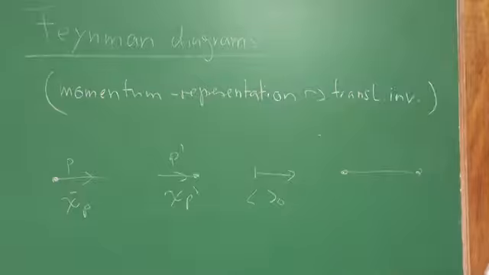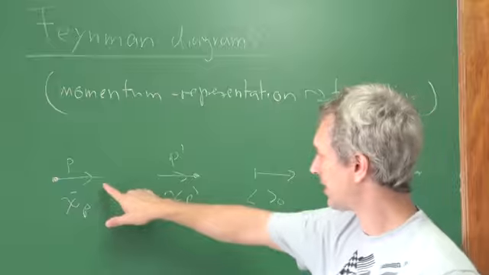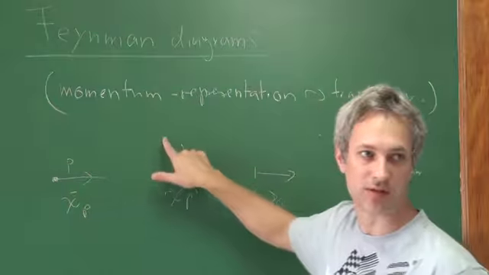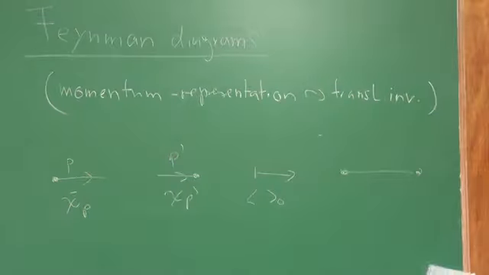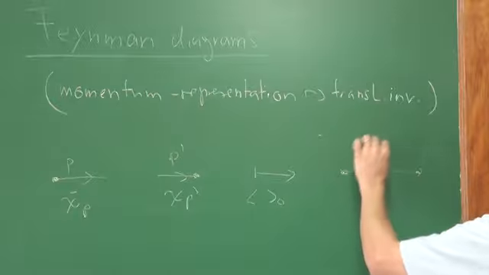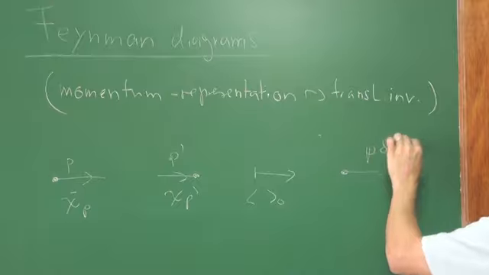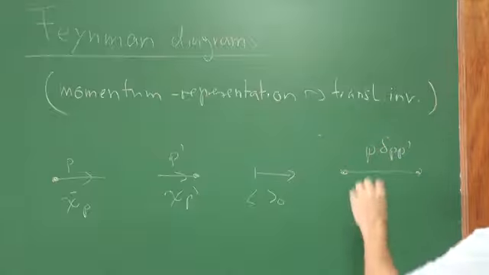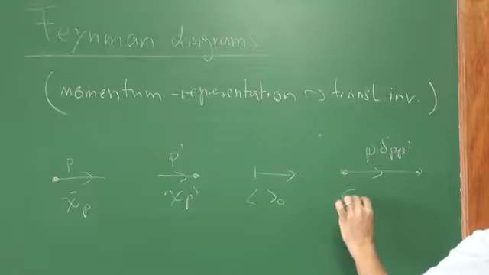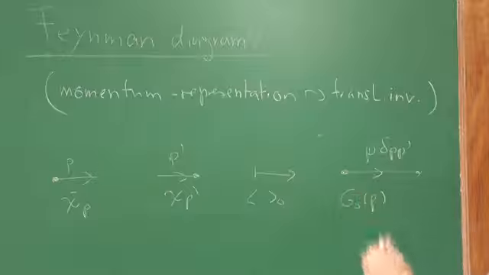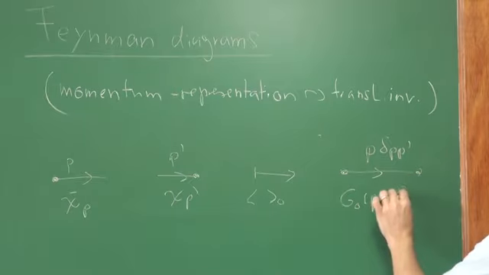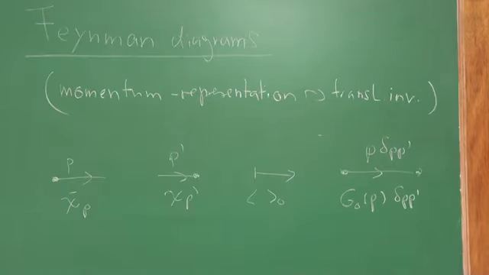Okay? So now it means that to connect these two lines, the momentum has to be the same. This is just reflecting again momentum conservation. So we get a Kronecker delta here, and then this line would correspond to the free Green's function or the free propagator now in momentum space.